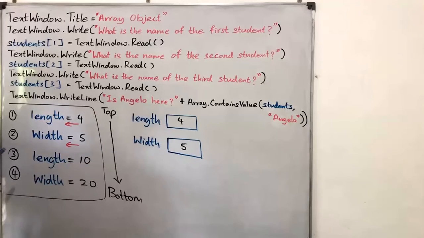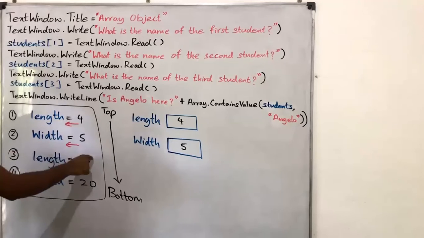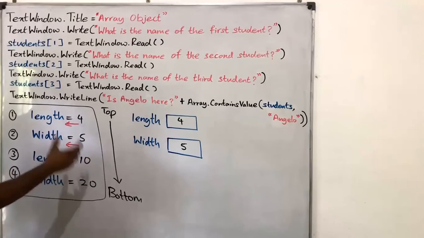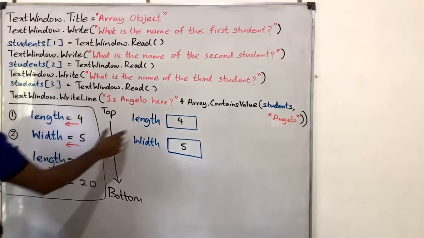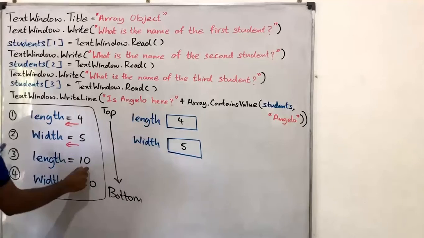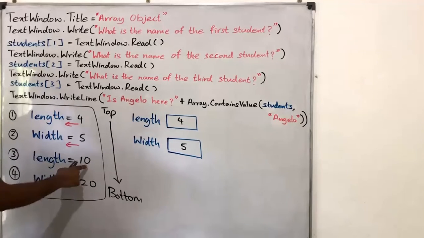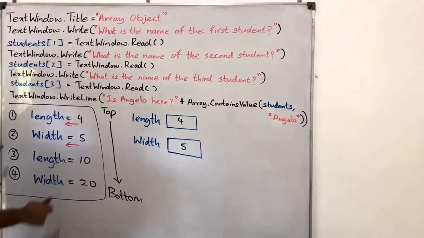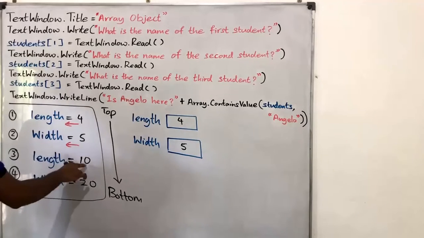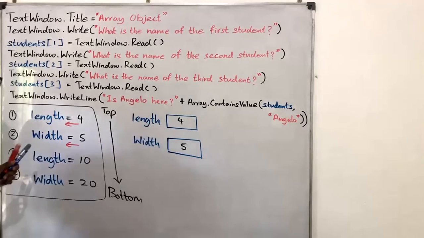When the computer comes to this point, it knows that it already created the variable called length, so it will use that variable to store this value. When the computer executes the third statement, it will store the value 10 under the already created variable length, replacing this 4.